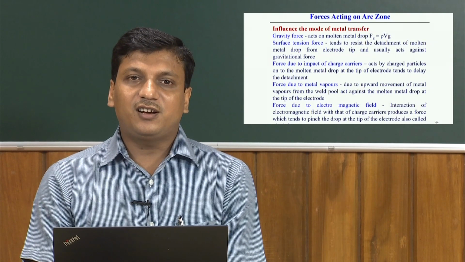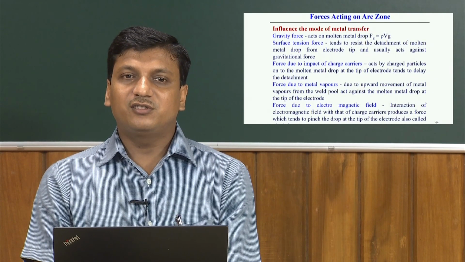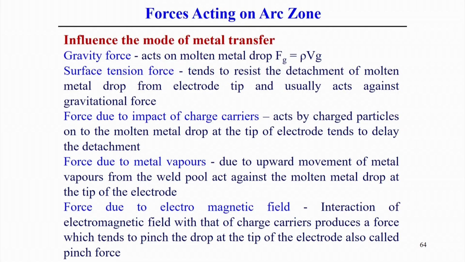And finally, the other welding force is the force due to the magnetic field. The interaction of the electromagnetic field with the charged particles produces a force that tends to pinch the drop at the tip of the electrode, and that is called the pinch force.